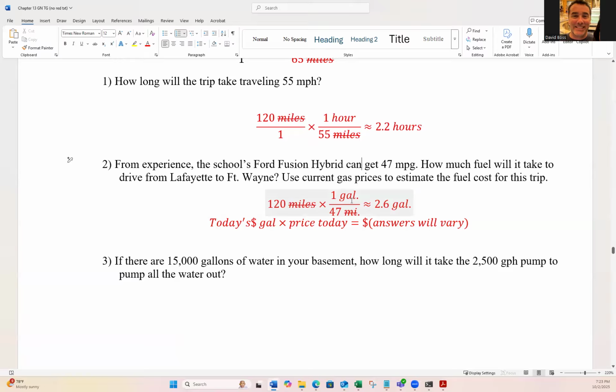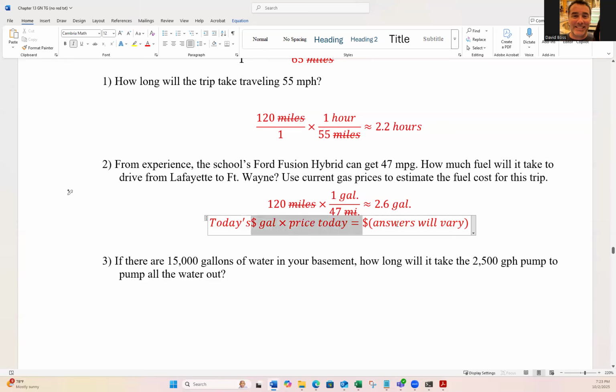So how much fuel will it take? We want gallons, and that one needs to be on the top. It can't be in the denominator on the bottom. Once we set this up, as long as everything cancels out and you have left over the unit label you want, you're good to go. So 120 times 1 gallon divided by 47 equals 2.6 gallons.